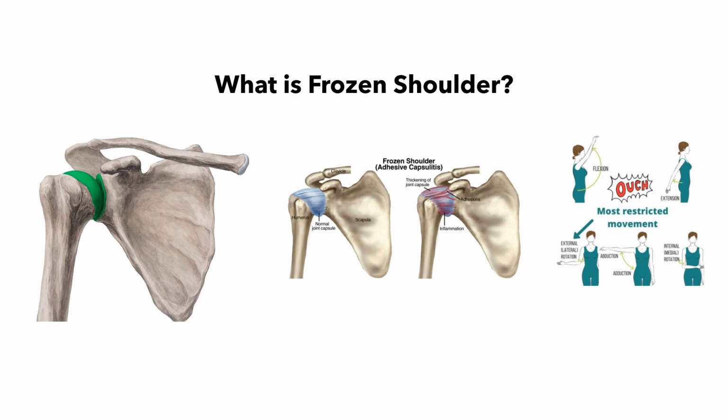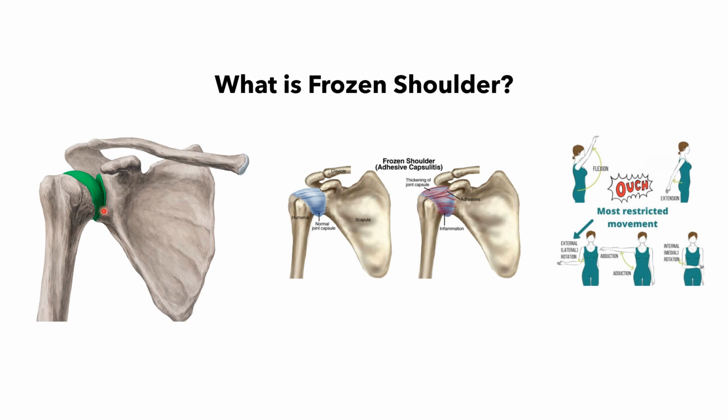We're seeing that symptoms often begin gradually, worsen over time, and can resolve spontaneously within 12 to 36 months. Frozen shoulder affects the shoulder joint, which is known as the glenohumeral joint. This is made up of the top arm bone, which is called the humerus, where the humerus head meets the end of the scapula, which is also called the glenoid cavity.